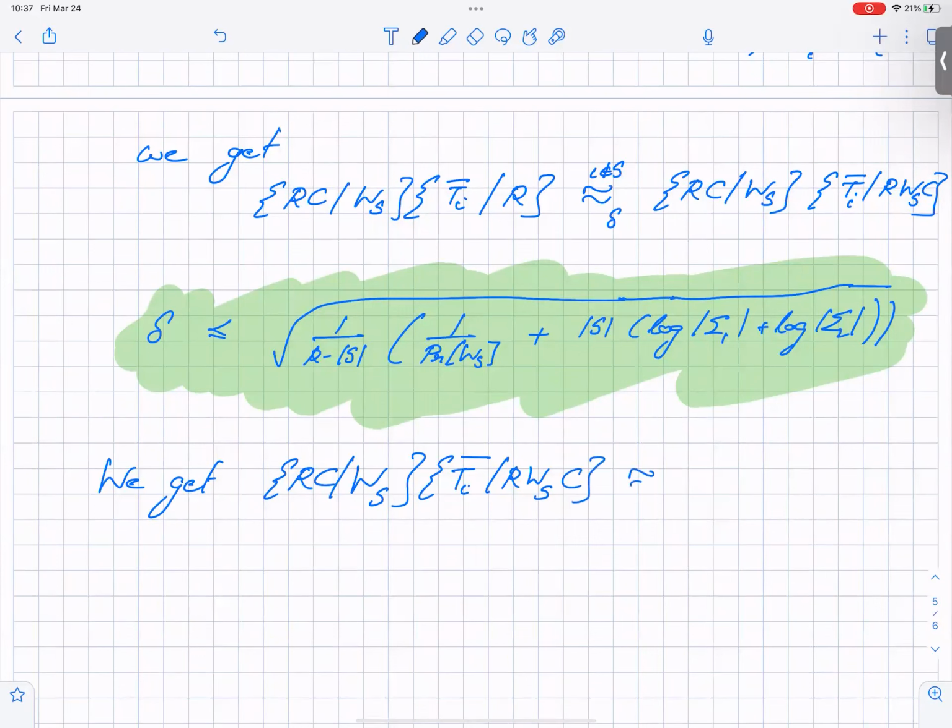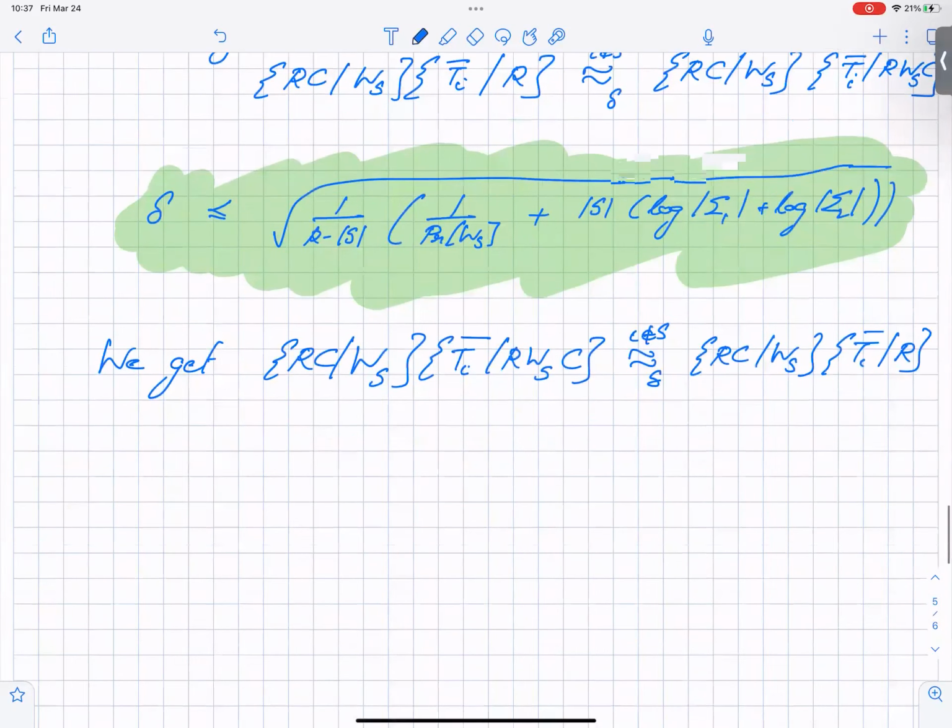This we have said delta I not in S is RCWS, Ti bar R. But this is identical to RCWS, just Ti bar Vi Ti. It doesn't depend on the other coordinates at all. Okay.